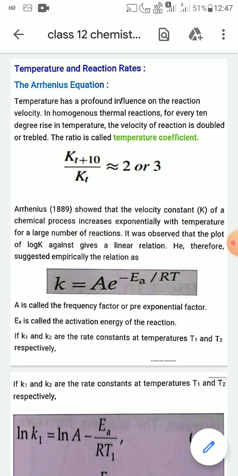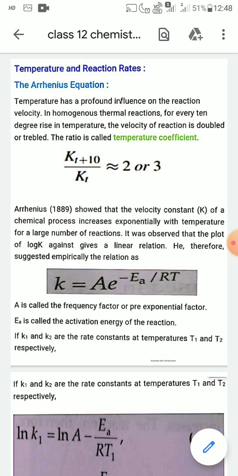Suppose you calculate the velocity constant of a reaction at 300 Kelvin, and the velocity constant at 310 Kelvin is known as K(T+10).